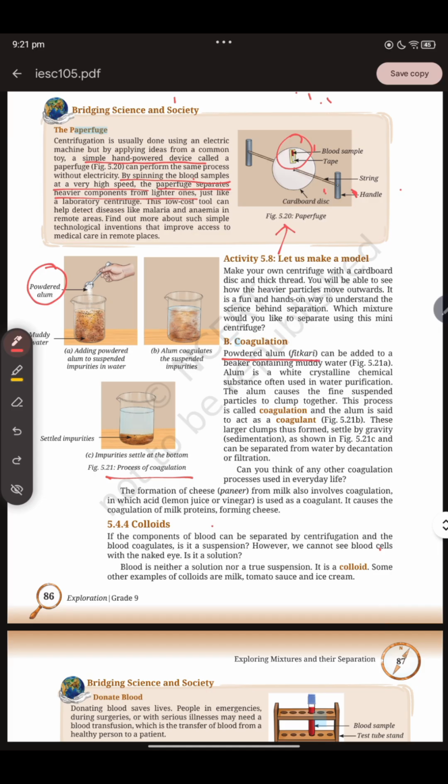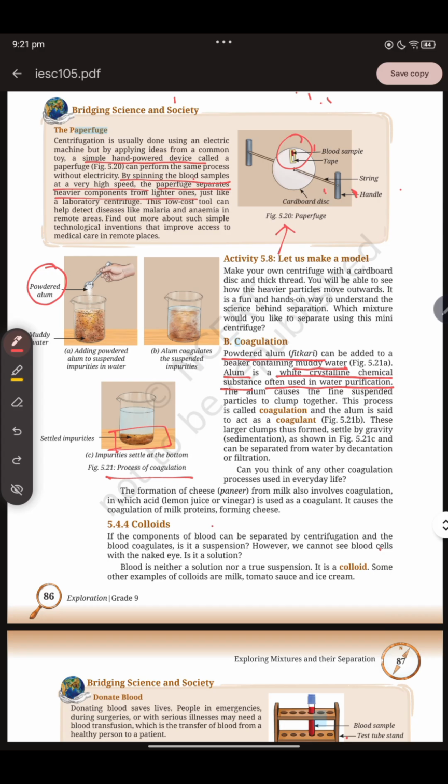When you add powdered alum or fitkari, you will see after some time the suspended particles settle at the bottom and you get a clear liquid at the top. So on adding fitkari to muddy water, what is alum? A white crystalline chemical substance often used to purify water.